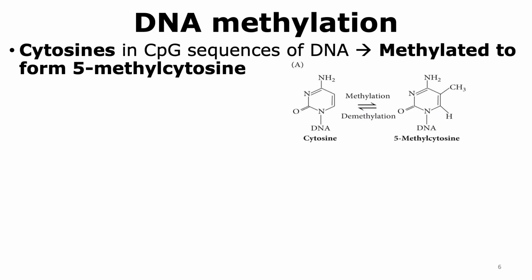So now that we've introduced the concept of DNA methylation, let's look at what exactly happens in that. Now we already know about CpG sequences in DNA, and the cytosine that's present in the CpG sequence can be methylated to form 5-methylcytosine as shown in the figure below.